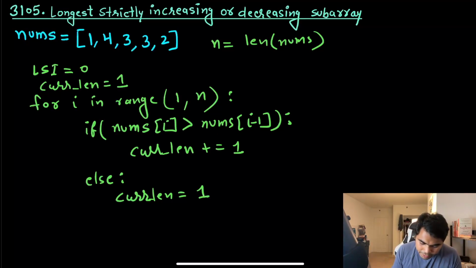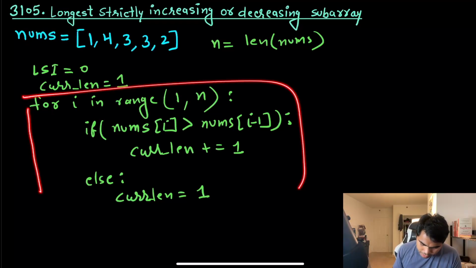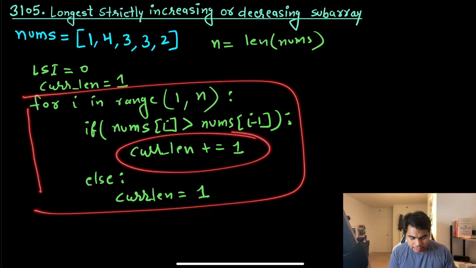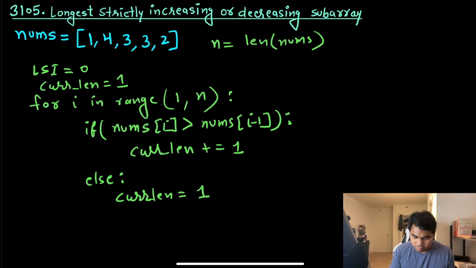So what's really happening here is we are incrementing this current length as we go forward, and we increment it if we see a number that is greater than its previous number. So this will keep incrementing its count, but we need to update this longest strictly increasing value, the length. We only care about length. So outside the if-else, I will update this.